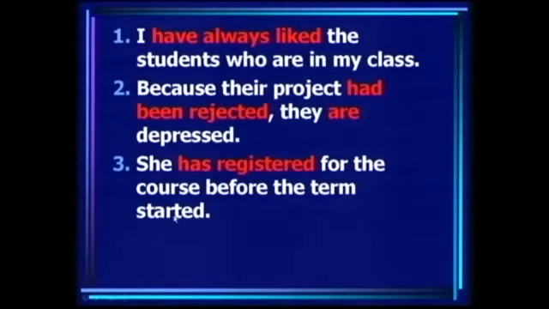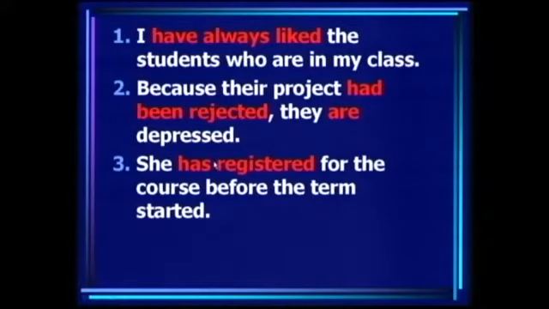I'll tell you the correct answer, but because it's a slide I will not be able to correct it in writing. She has registered for the course before the term started. The term started, right? And she had registered before the term started, so everything is when? In the past. And something happened before, registering started and ended before the term started. So the thing that started and ended before something else started in the past must be what?